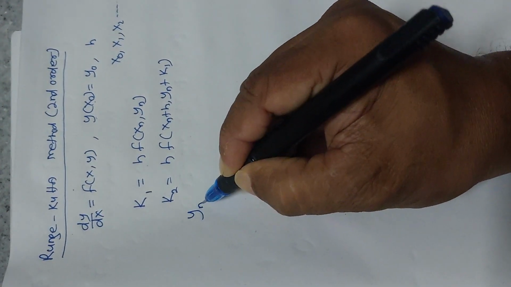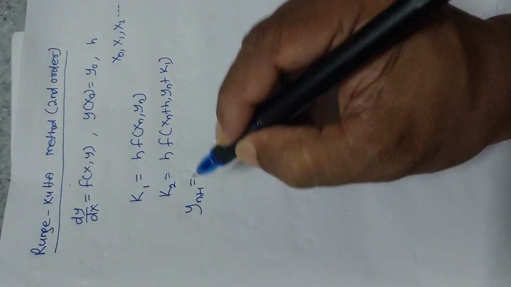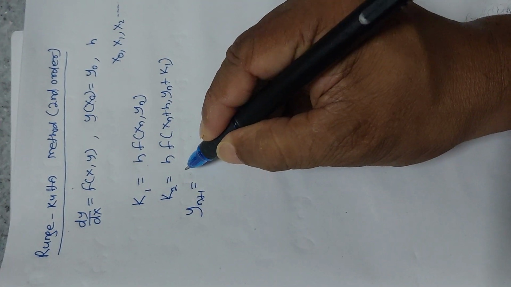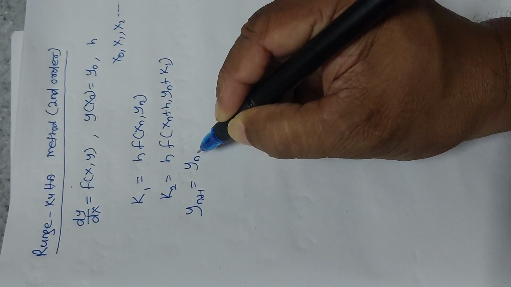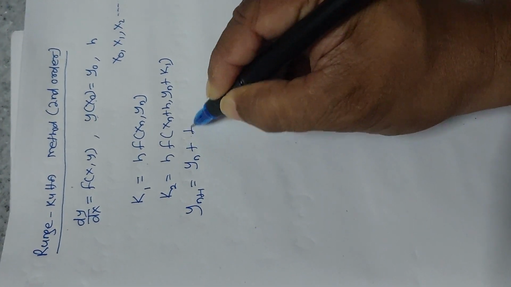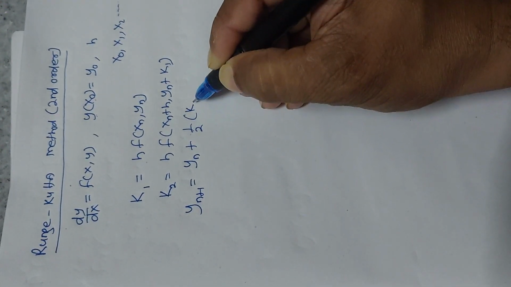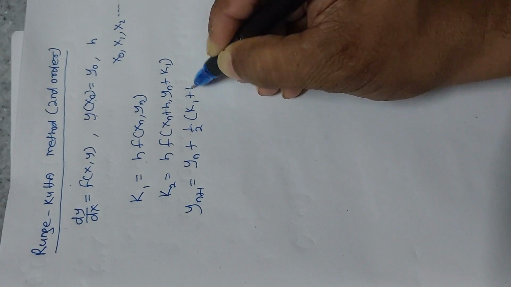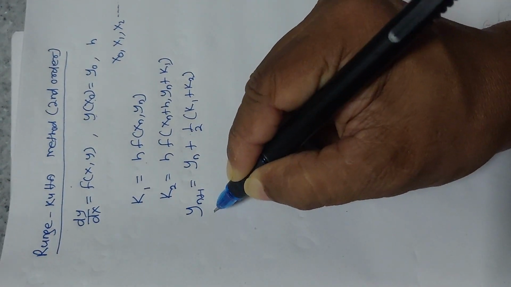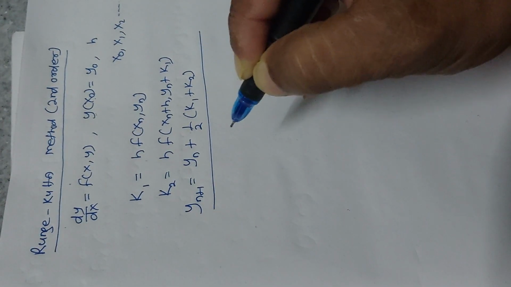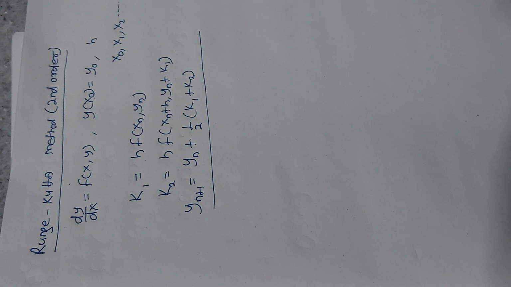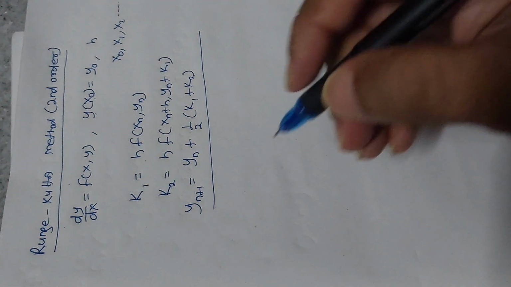And yn plus 1, the next value of y, will be the previous value yn plus the average of k1 and k2, that is half into k1 plus k2. This procedure will go on repeating. Okay. So, let us start with an example.